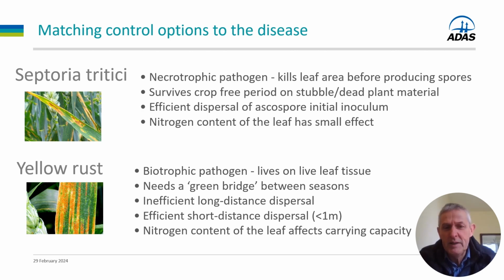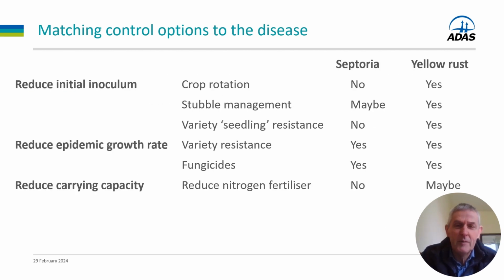And the other point is that the nitrogen content of the leaf can have quite a strong impact on the carrying capacity of that leaf, as we saw earlier. So we'll have gathered from this there are quite different control approaches that are needed for the two pathogens.